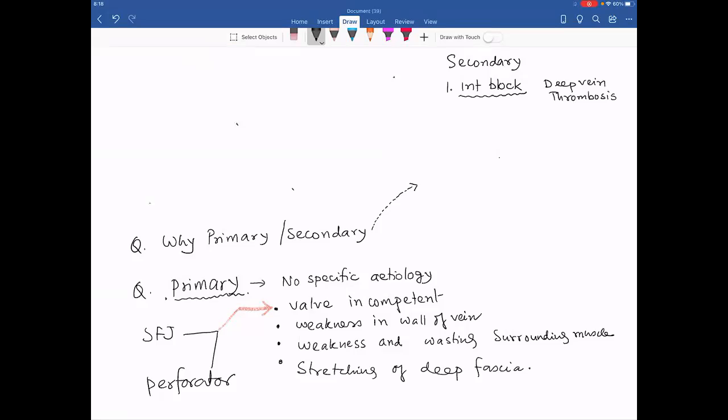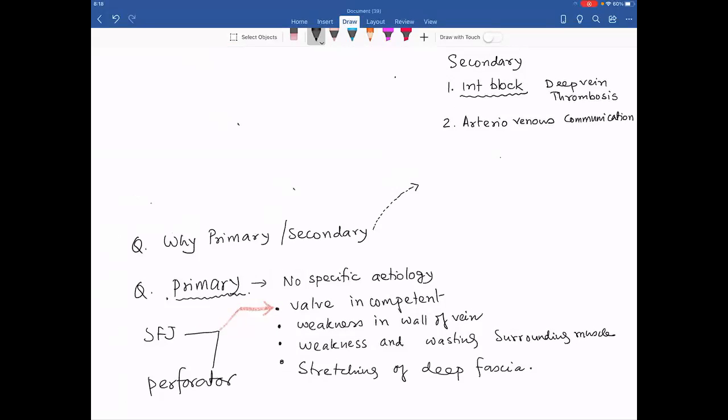Examiner can ask you any more cause of a secondary varicose vein. Yes, if there is an arteriovenous communication or an arteriovenous fistula. Bonus question. Examiners can ask you, can you name a congenital cause of an AV fistula that produces a varicose vein?